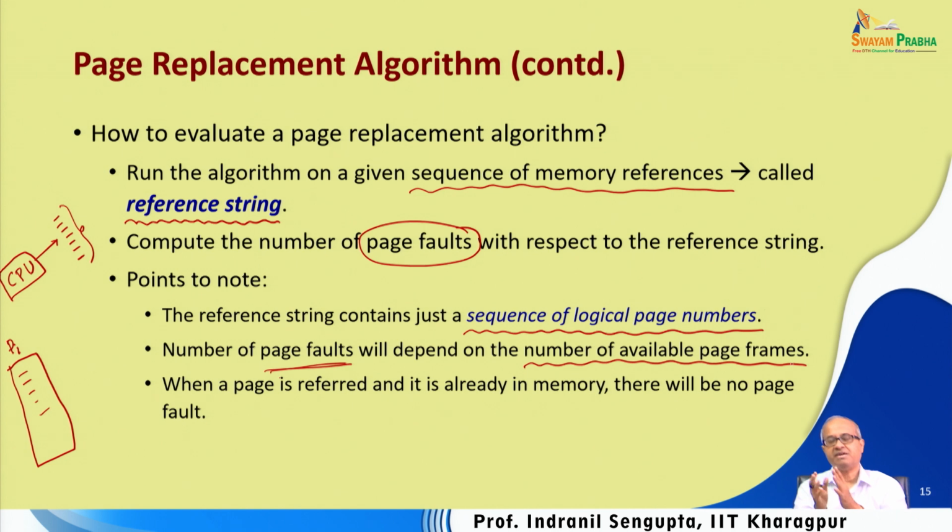You assume that there are so many page frames with respect to which you simulate on the reference string and try to find out how many page faults will occur. Okay. But of course, if a page is referred and you find that the page is already in memory, there will be no page fault. But if it is not in memory, then there will be a page fault.